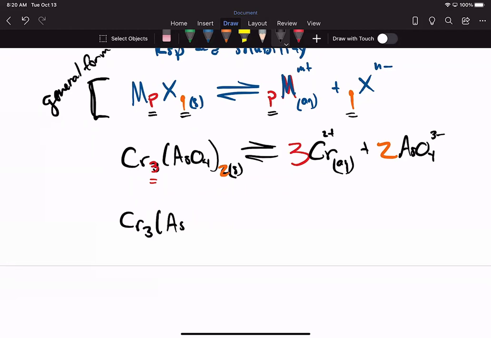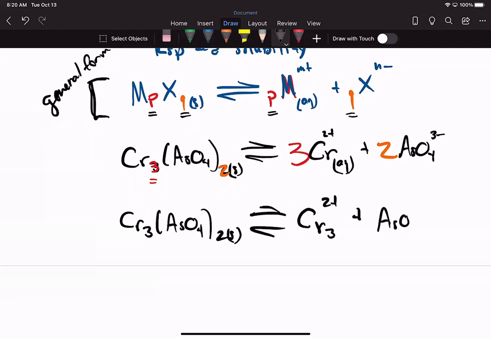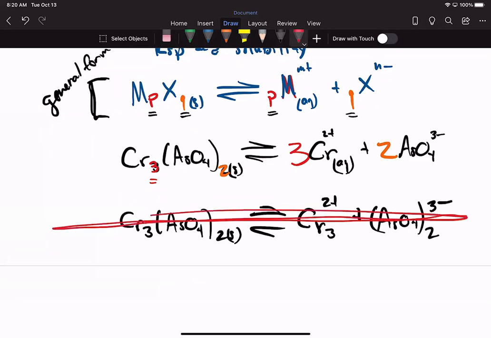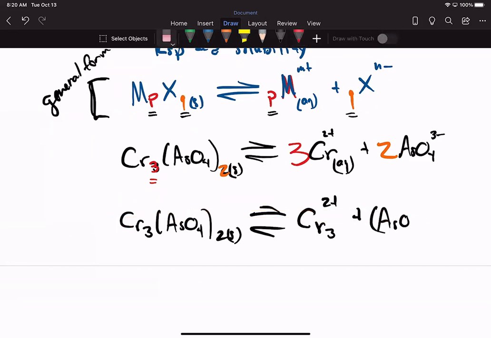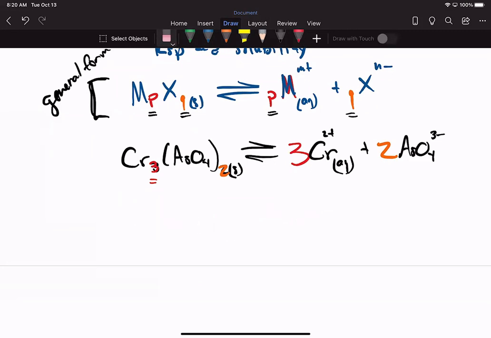But this has happened in the past, where students are unsure and they write Cr3 and then plus AsO4, 2, 3 minus, and that is just complete garbage. We don't split up compounds into ions that particular way. So I hope you didn't copy it. Please don't. That is completely wrong, and we don't want to do it that way.